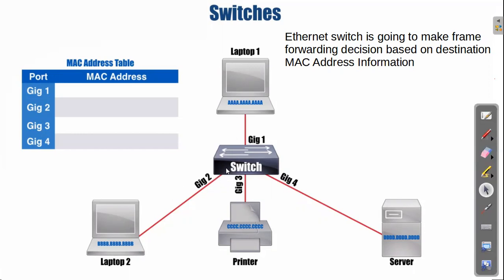The switch will learn the MAC address of each device, and it will be stored in the MAC address table. So the main function of the Ethernet switch is to make frame forwarding decisions. In a router, it is packet forwarding decision. The frame forwarding decision is based on destination MAC address information.